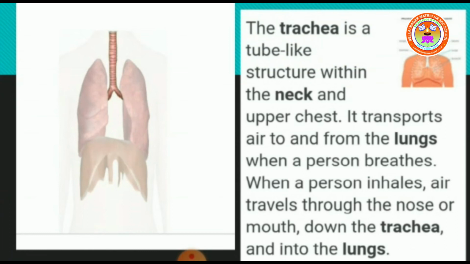The trachea is a tube-like structure within the neck and the upper chest. It transports air to and from the lungs. When a person inhales, air travels through the nose or mouth down the trachea and into the lungs.